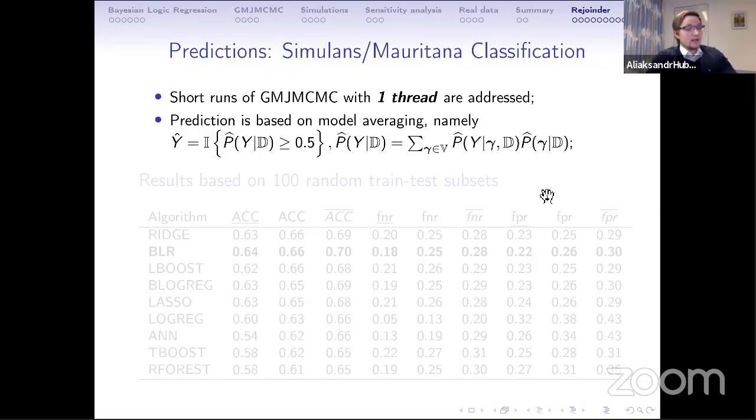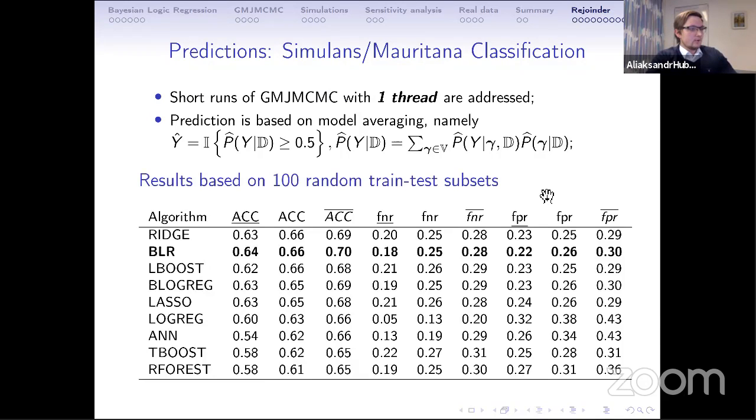We divided the data into test and training data with 100 different random splits of the same size, and we compared the results for all of those splits across different approaches, including some linear models like Ridge, Lasso, linear regression, Bayesian linear regression, linear boosting, and some nonlinear approaches like artificial neural networks, tree-based boosting, and random forest.